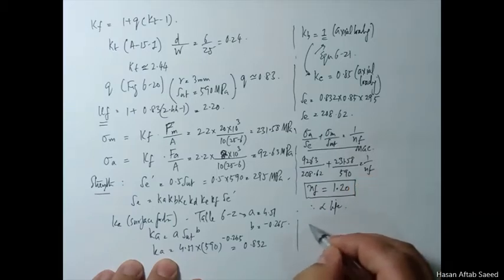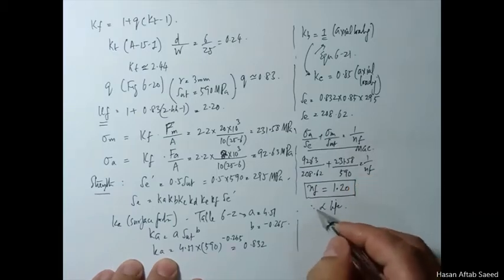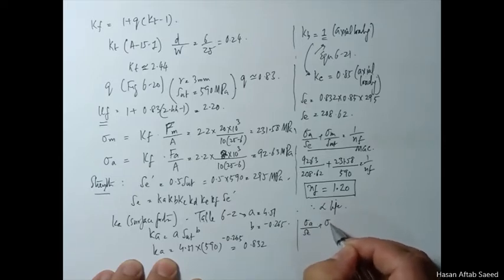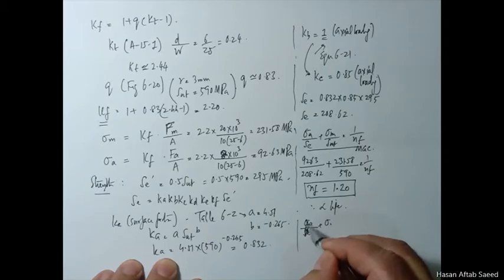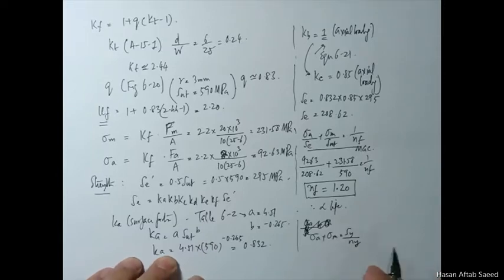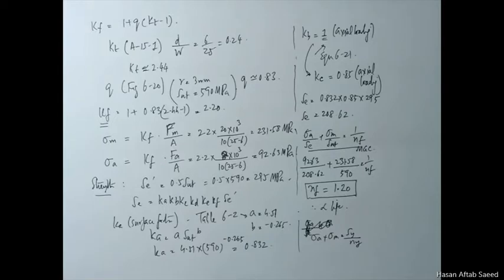And now when we talk about the Langer line, sigma a plus sigma m is equal to Sy over ny, where the y denotes the yield factor of safety.